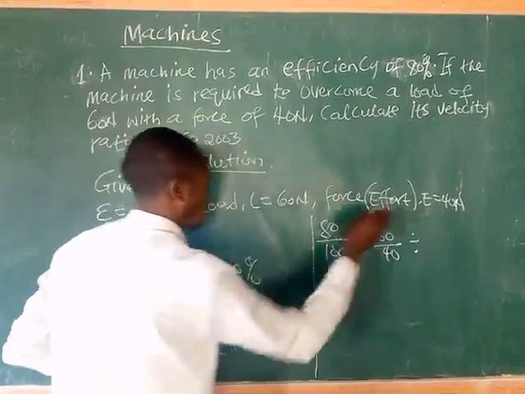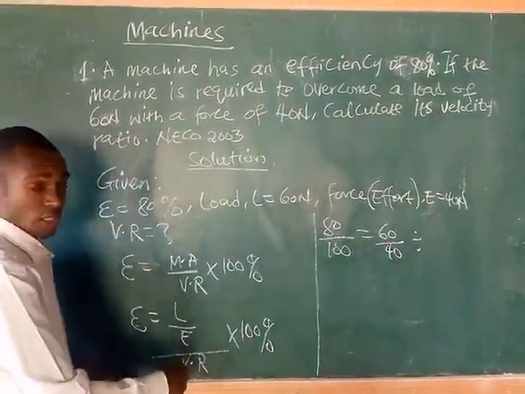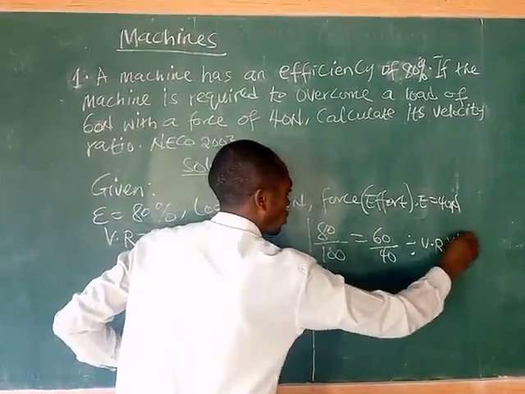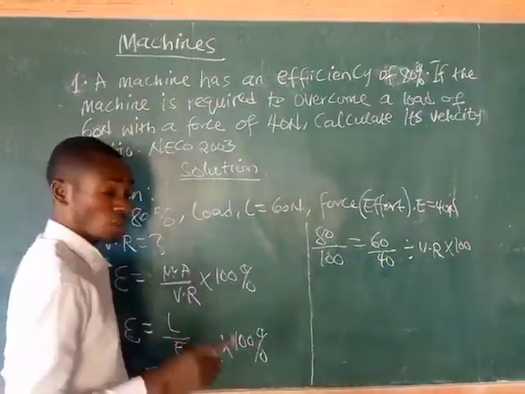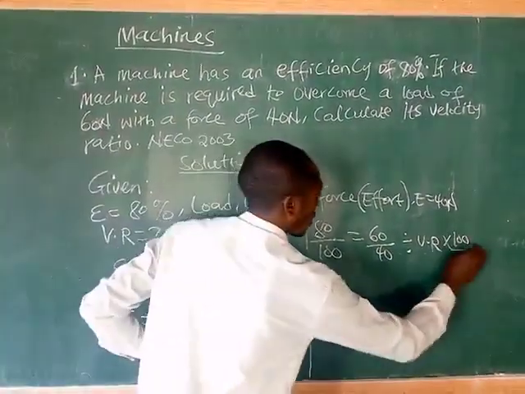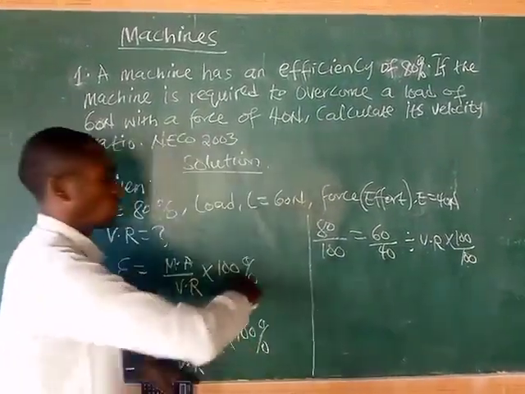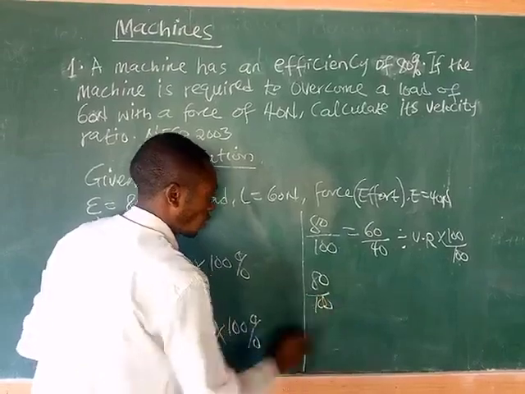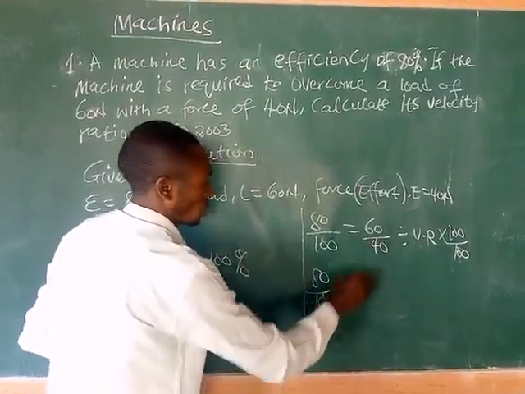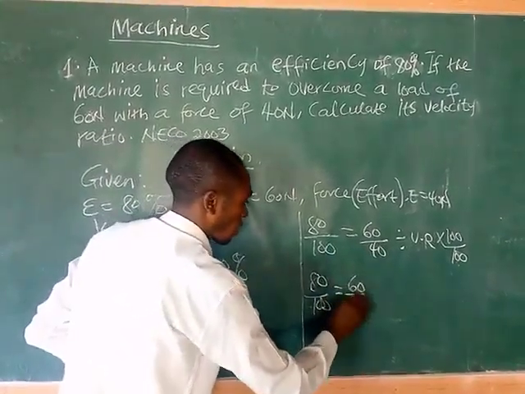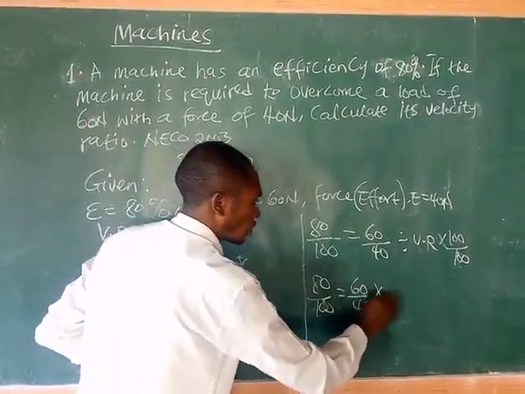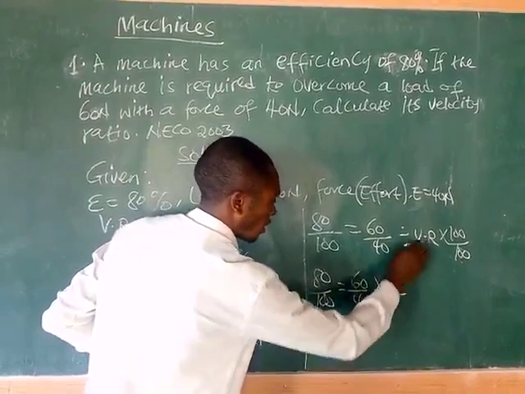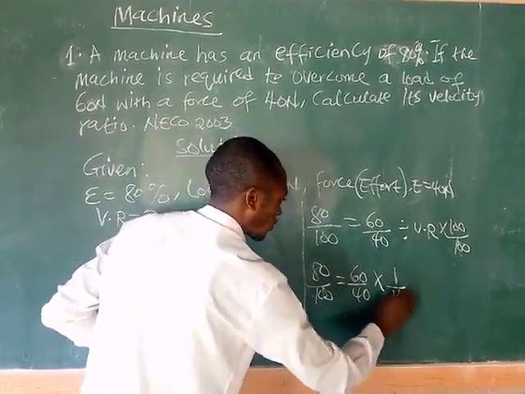Now let's use the division sign, dividing the velocity ratio, times 100. 100% is the same thing as 100 over 100. Do not forget that. So now look at this: 80 over 100 equals 60 over 40. We change this division to times, then this will invert to become 1 over VR.